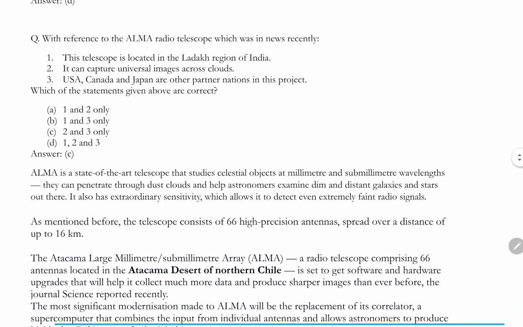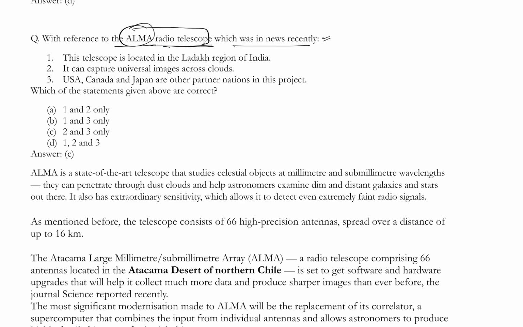Now moving forward, with reference to the ALMA radio telescope, which was recently in the news. Which statement above is correct regarding the ALMA radio telescope? The first is, it is a telescope located in the Ladakh region of India.